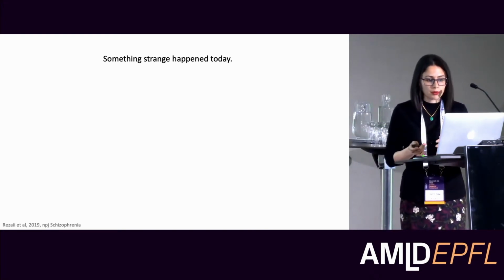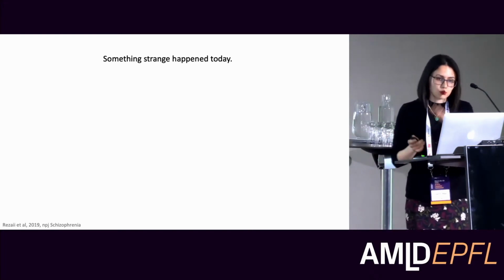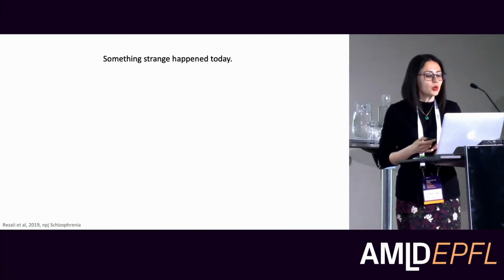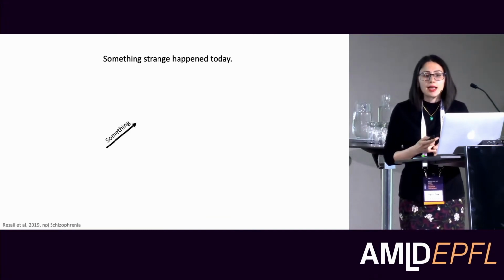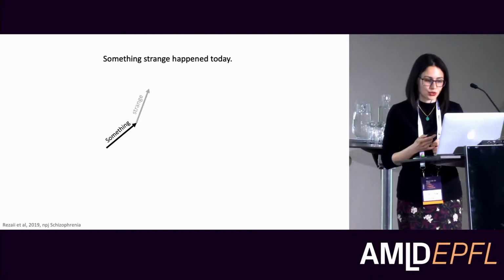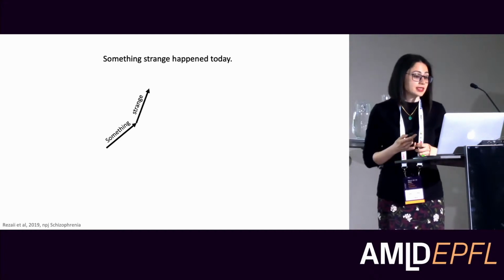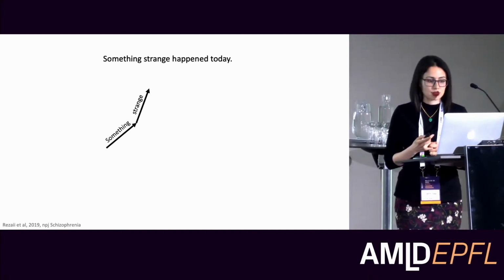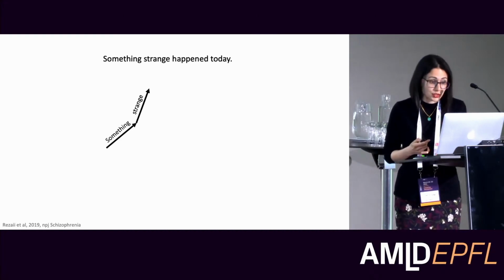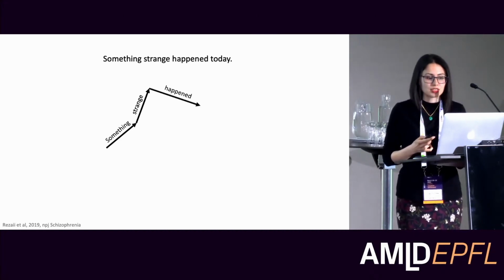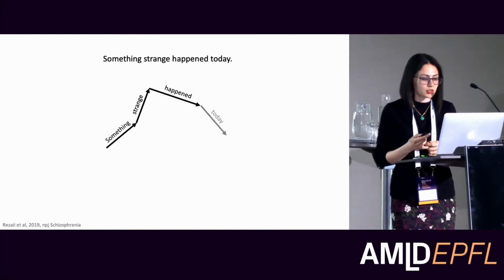psychiatry from LSA, 1 generation before word2vec, was just to add the word vectors associated with each word. Here we've got the sentence, "something strange happened today." So something is associated with 1 vector, strange is associated with 1 vector, and so on.